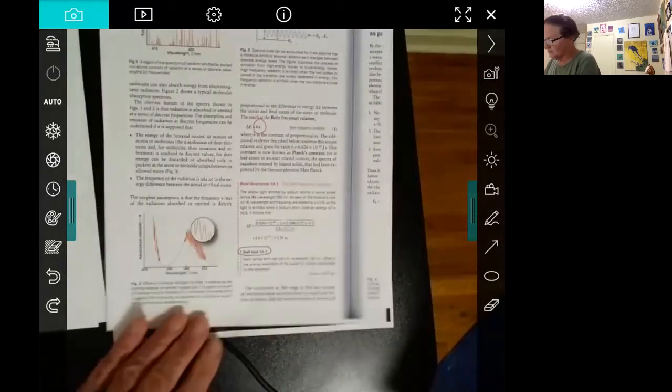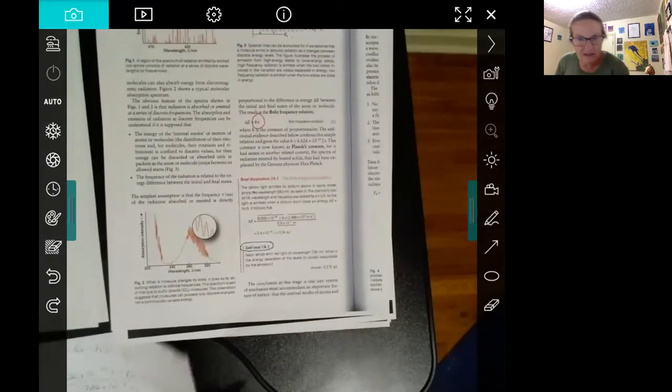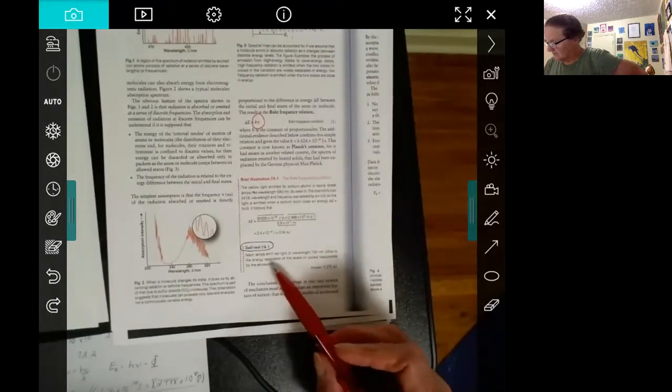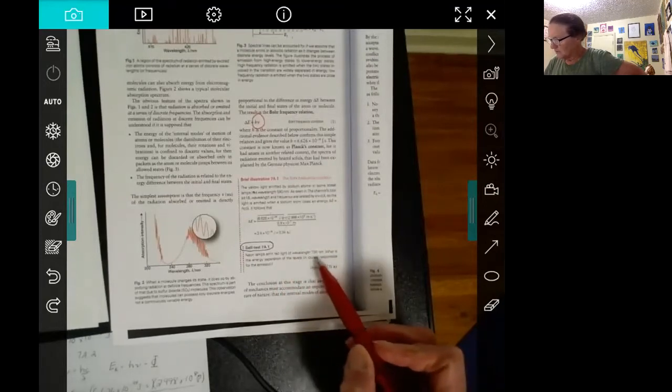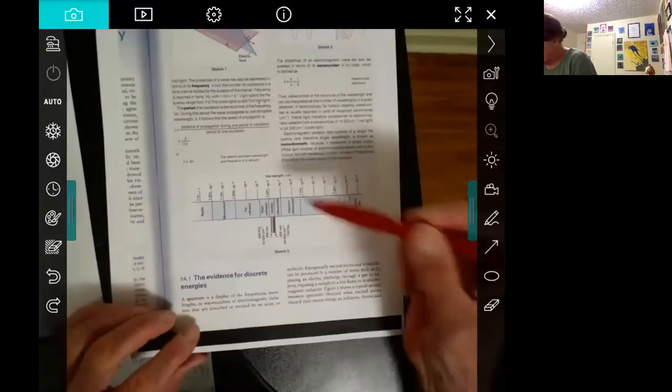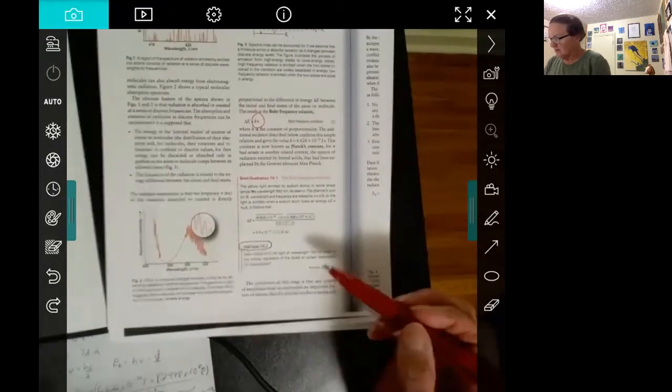So for that condition, let's look at self-test 7A.1. It says we have neon lamps, and they give off red light with a wavelength of 736 nanometers. So if you look back here, that's in the visible region. So you'll be able to see that with your eye, red light.